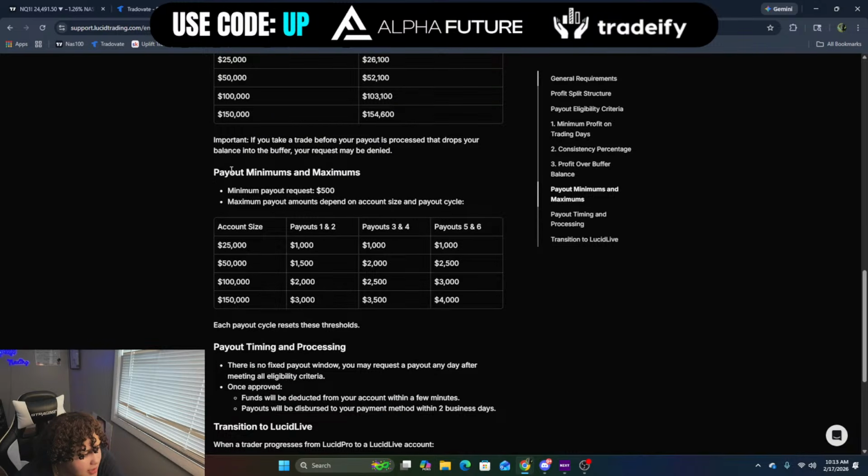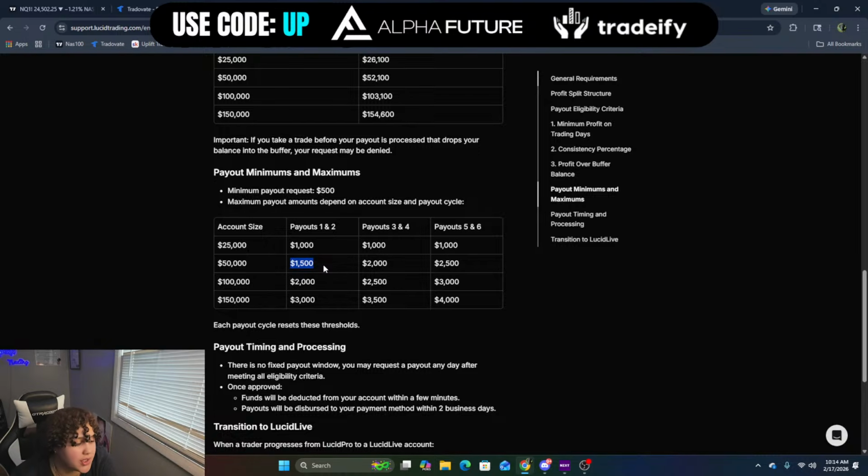Oh, their payouts are capped. Minimum payouts 500. Okay. Oof, I don't like that. Their 50K account capped payout on the first and second payout is 1,500. Usually that's like 2,000.